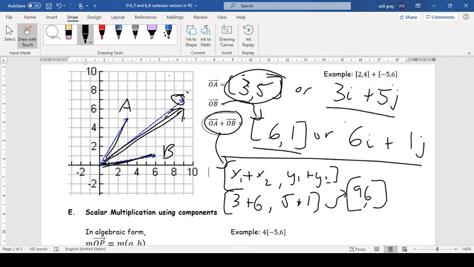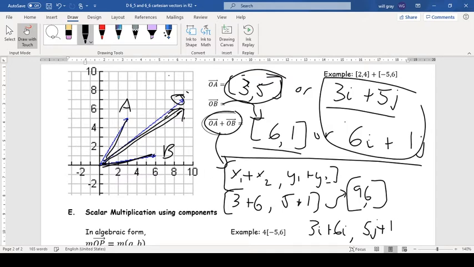Now the other way you could add these vectors is by using the standard basis vectors. You could say that OA plus OB is equal to 3i plus 6i, and 5j plus 1j.